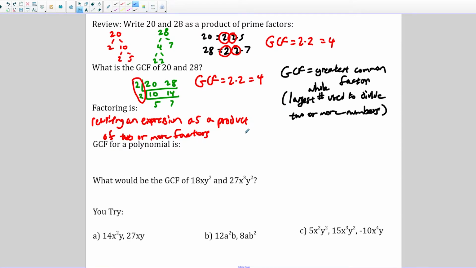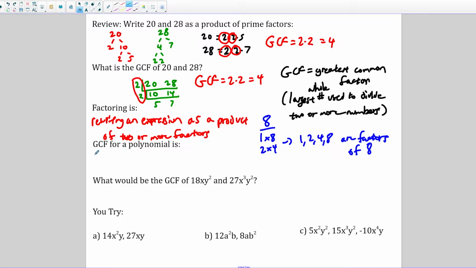So for example, if I think of the number 8, what are my factors of 8? I can think, well, I've got 1 times 8 and 2 times 4. So therefore, 1, 2, 4, and 8 are factors of 8. So 1, 2, 4, and 8 are all unique factors of 8.